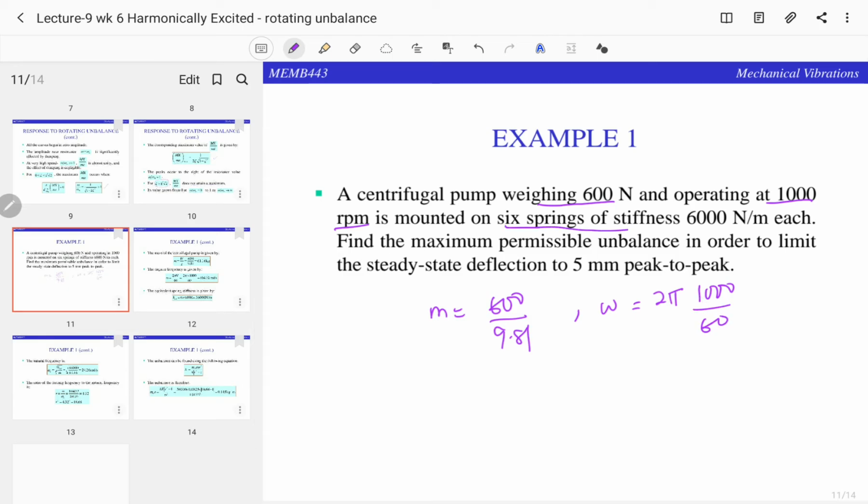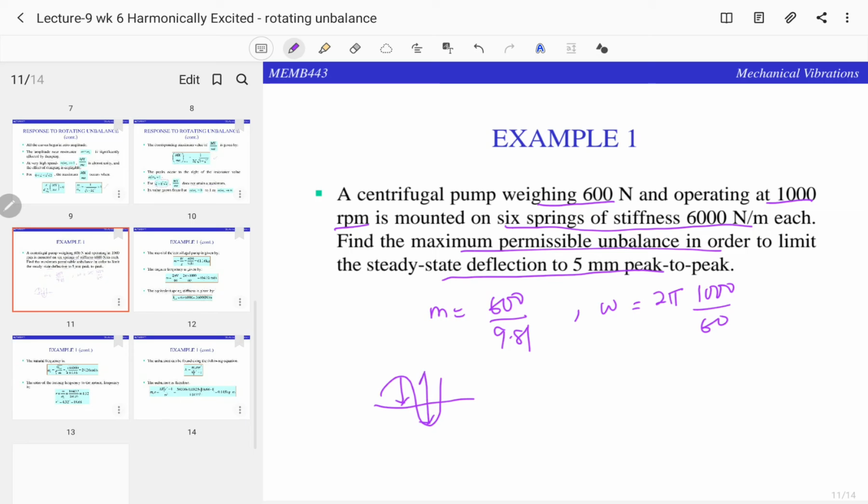Then you have 6 springs of stiffness 6000. So you want to find the maximum permissible unbalance in order to limit the steady state deflection. The steady state deflection given is 5 millimeter peak to peak. What does it mean by that? Basically when you have a value of peak to peak, that means this value is half of that value.